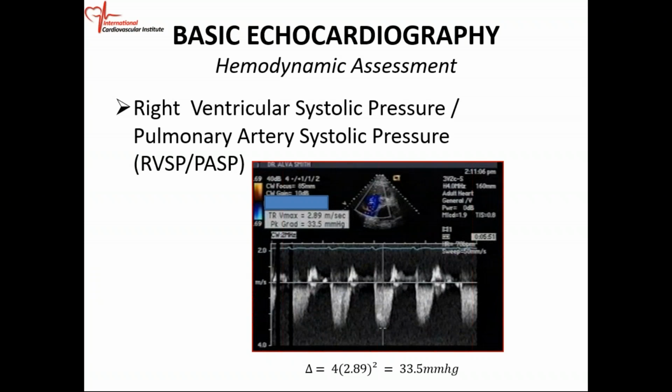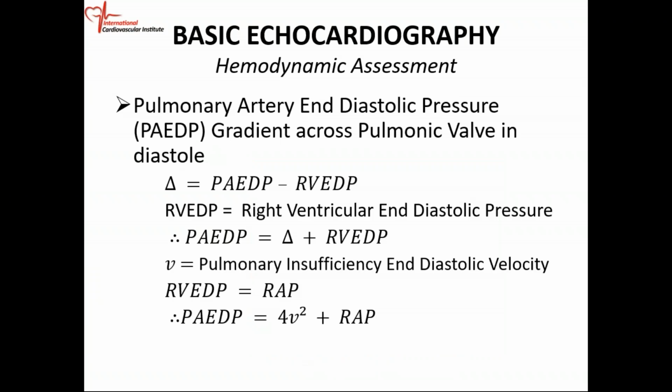So we're going to look at the next scenario, and when we talk about pressures, if we talk about the pressure in the RV, we have a systolic pressure and a diastolic pressure. If we talk about the pressure in the PA, pulmonary artery, we're going to have a systolic pressure and a diastolic pressure.